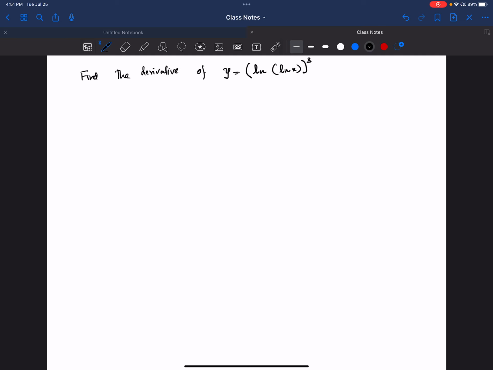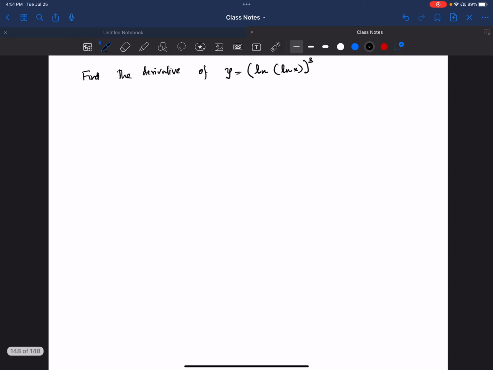So if you use the power rule, this can be written as d over dx y is equal to d over dx natural log of x cube.